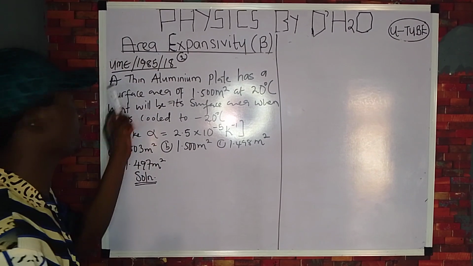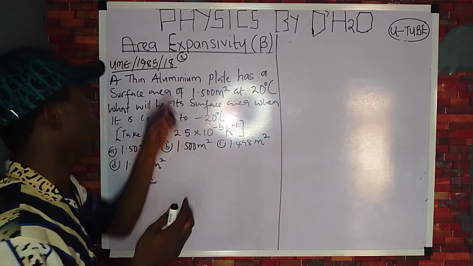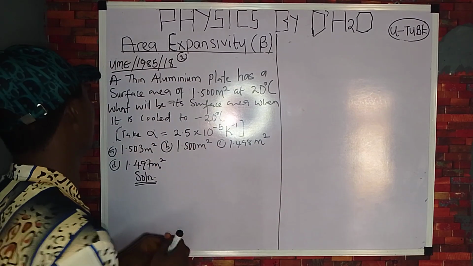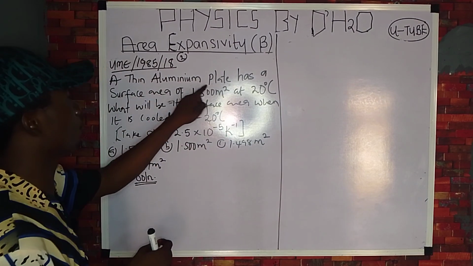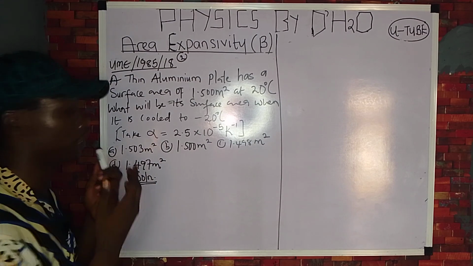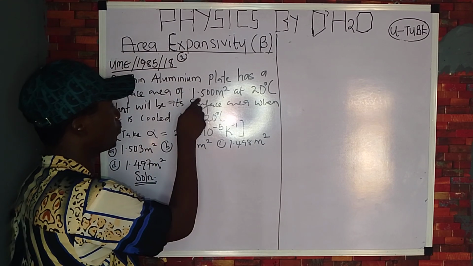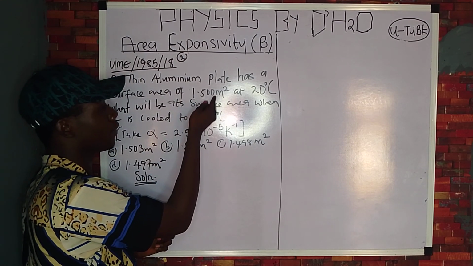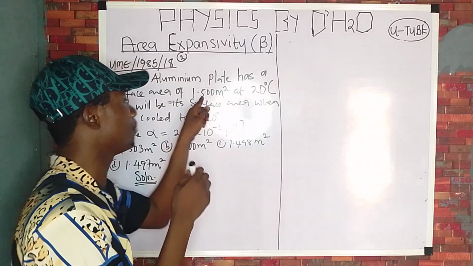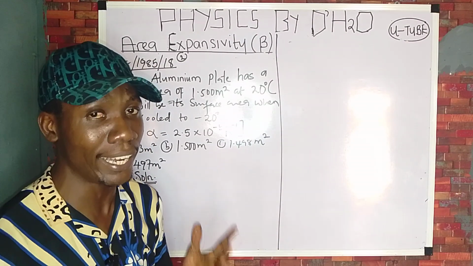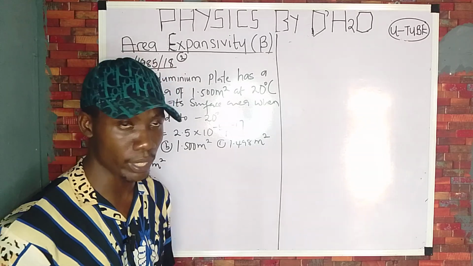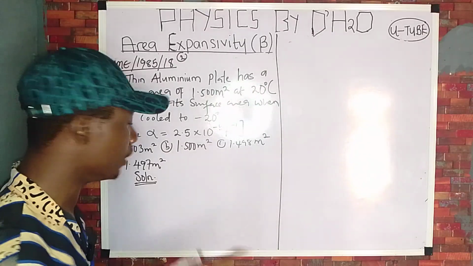Let's look at this quickly. Still on area expansivity of materials. A thin aluminum plate has a surface area of 1.500 meters square. This time they did not give you length, they gave you area directly, so you don't have to square it. So what do we do? Very easy.